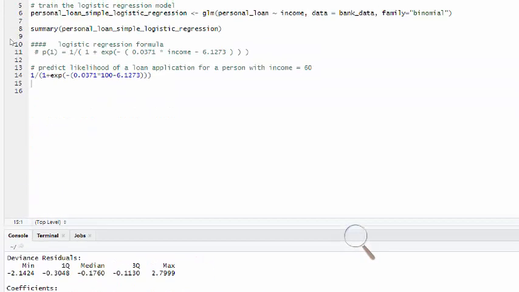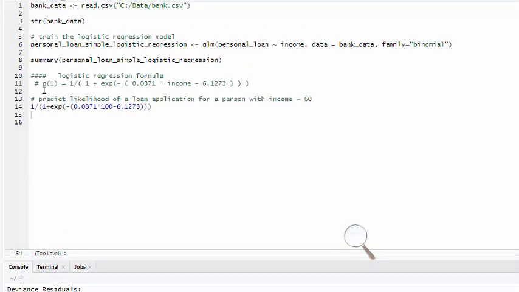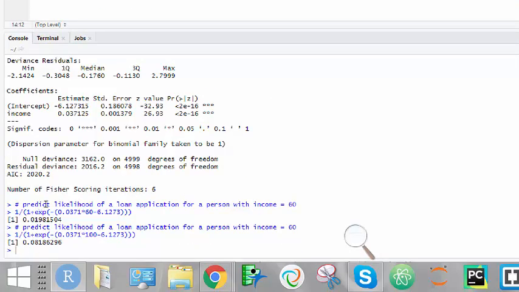So here's the simple rule, ladies and gentlemen: if the slope, 0.0371, the slope from my variable, is positive, then increasing the predictor variable results in an increase or decrease of the probability.